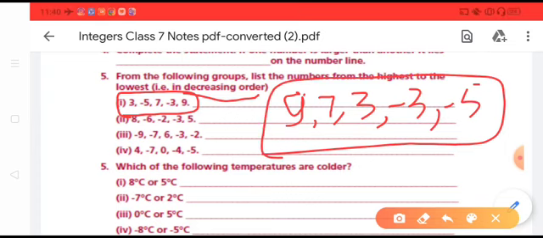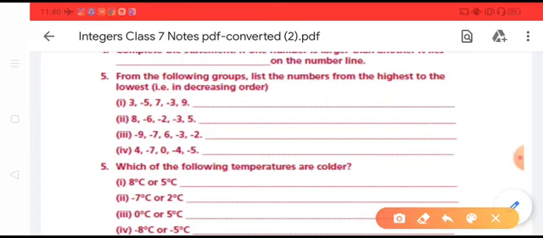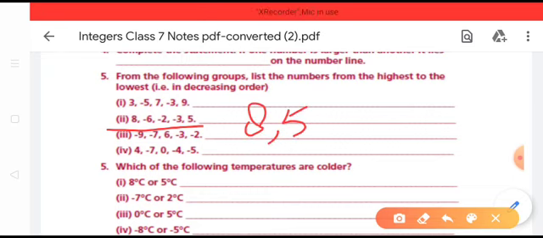Now we can do the same for the second question: 8, minus 6, minus 2, minus 3, plus 5. So we first write the positive 8, positive 5, and you know that the higher value of negative is the smaller, so minus 2, then minus 3, then minus 6.